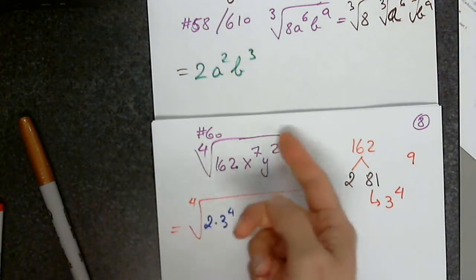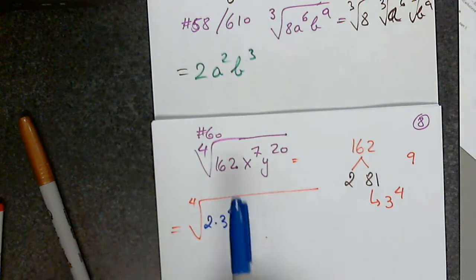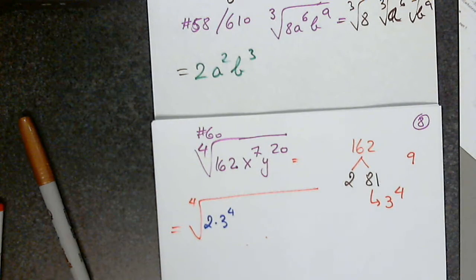Look at all these numbers and say, oh, I know. That will tell me how to split x to the 7th. What am I referring to? The index. The index tells me how to split x to the 7th. How do I split x to the 7th, knowing that the index is 4?